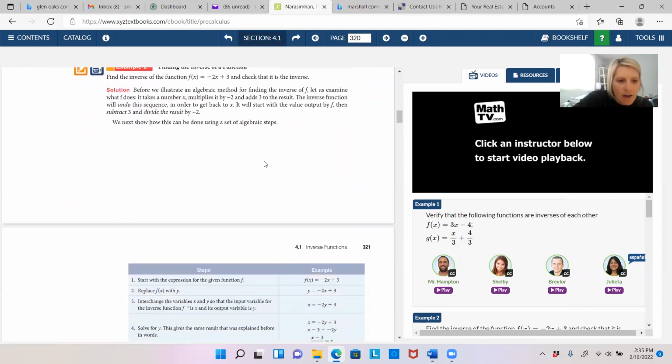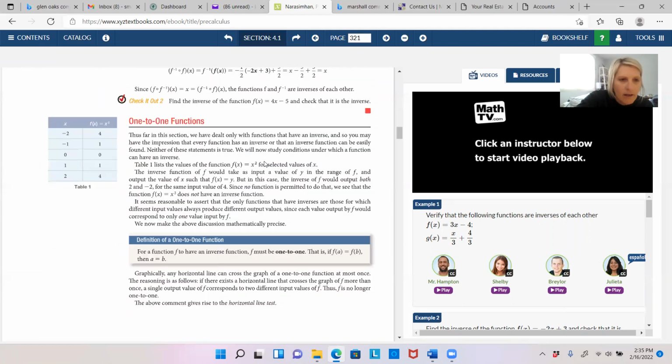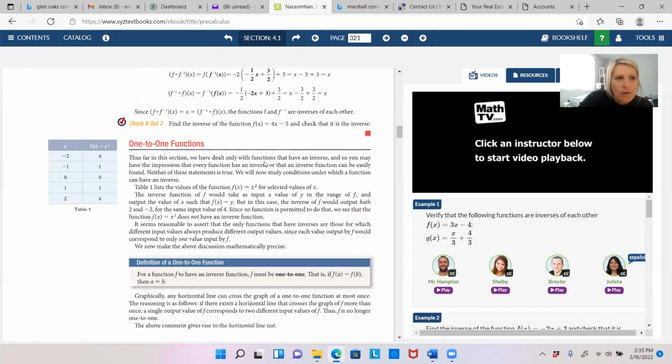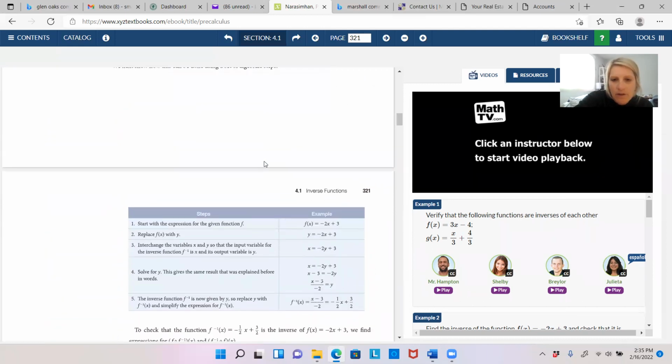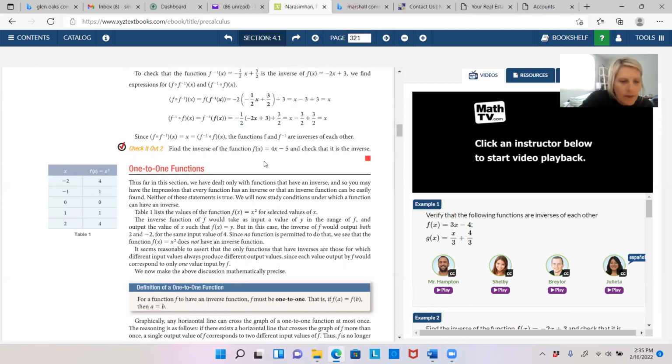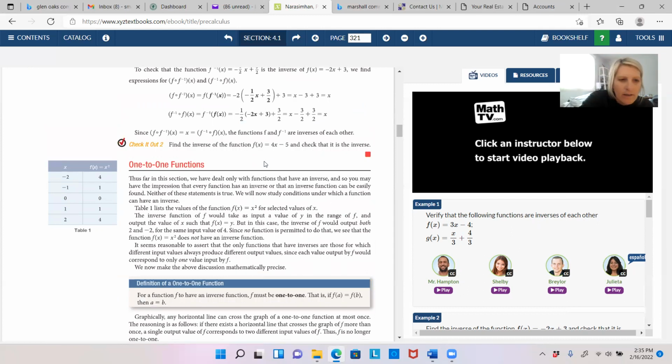We can see this also by looking at a table of data of a function. If you go to page 321, there's a table to the left of where it says one-to-one functions. In this table, you can see that -2 goes to 4, and -2 doesn't go to anything else.